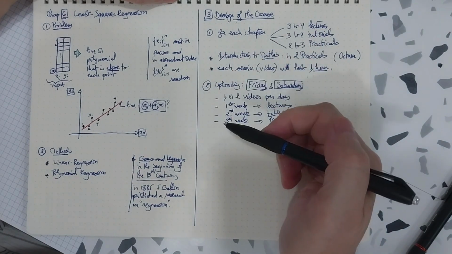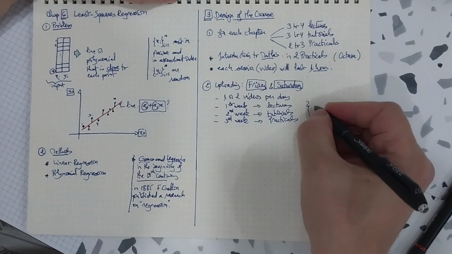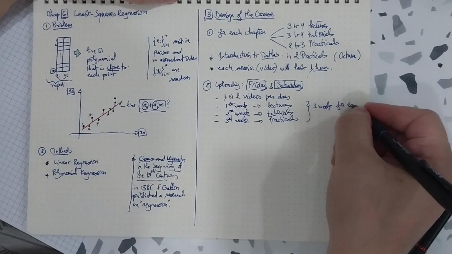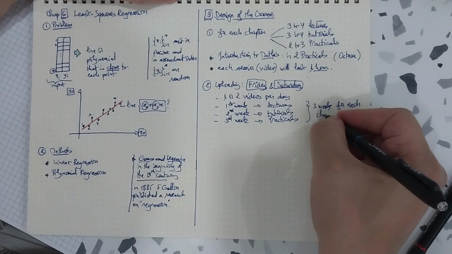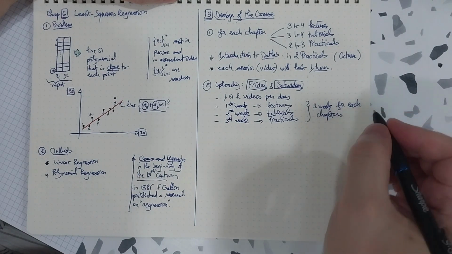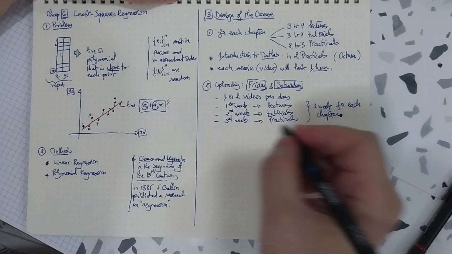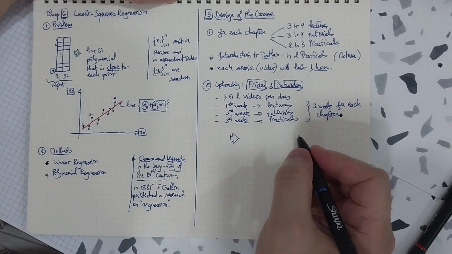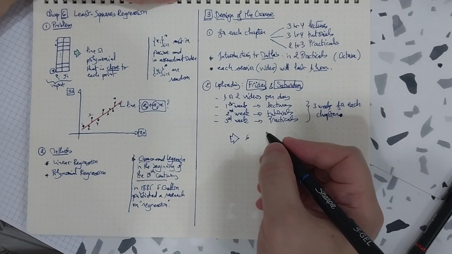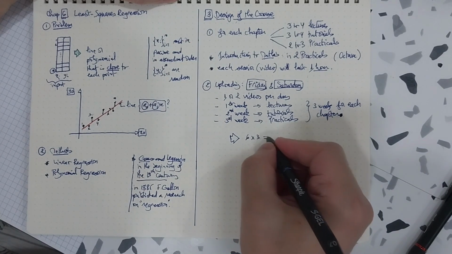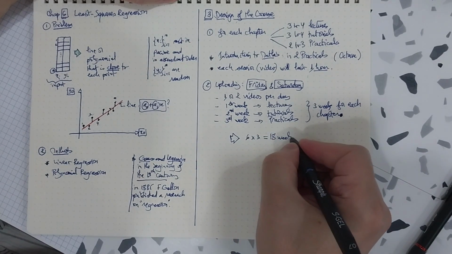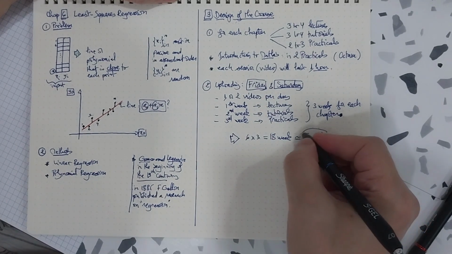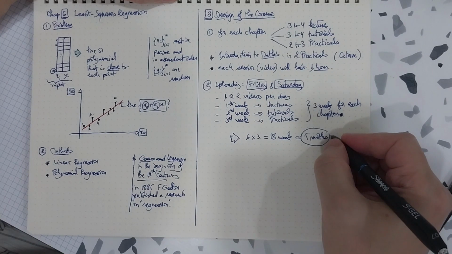And with this plan, we need 3 weeks for each chapter. So the conclusion is we need about 18 weeks, because there are 6 chapters at 3 weeks each. That's about 5 months for the whole module.